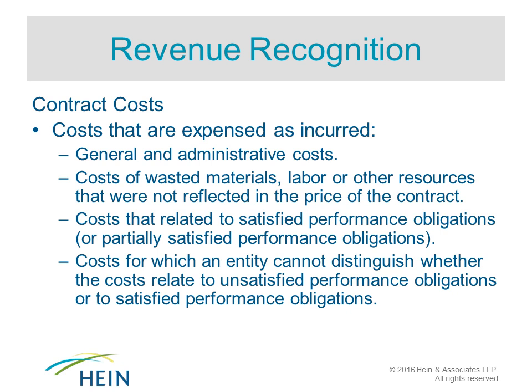Also, costs for which an entity cannot distinguish whether the costs relate to unsatisfied performance obligations or to satisfied performance obligations. Some costs that I was relating to my own personal clients might be credit evaluations or legal expenses that are incurred relating to getting those contracts reviewed and prepared. Those would all be expensed.